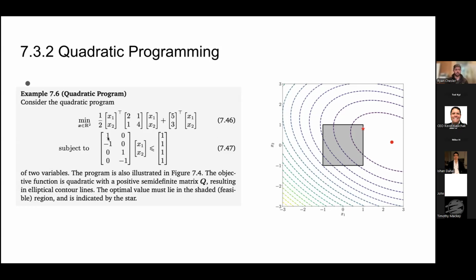Over here it's basically saying it has to be within -1, +1, +1, -1 for all of these different variables. So now we're trying to find the minimum within this box, essentially. Similar idea to the linear programming, but now we're operating in a quadratic space. That's the idea there.